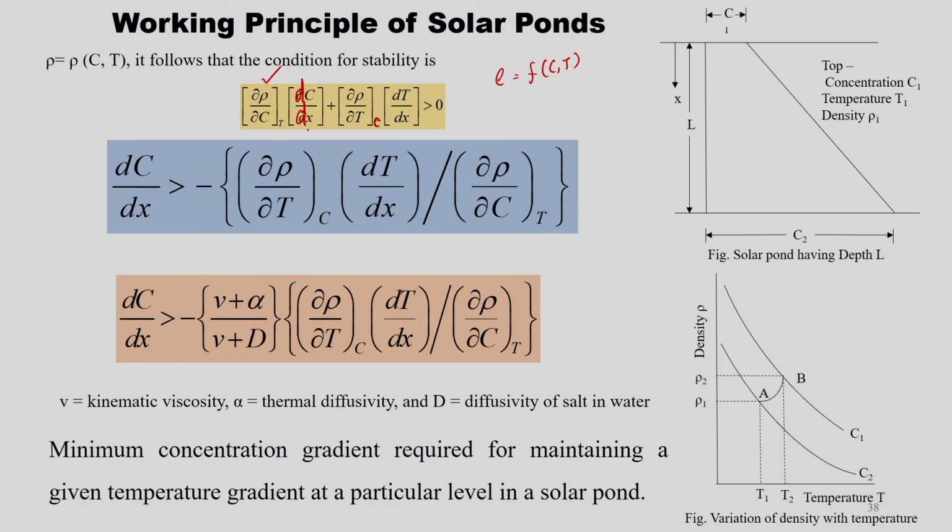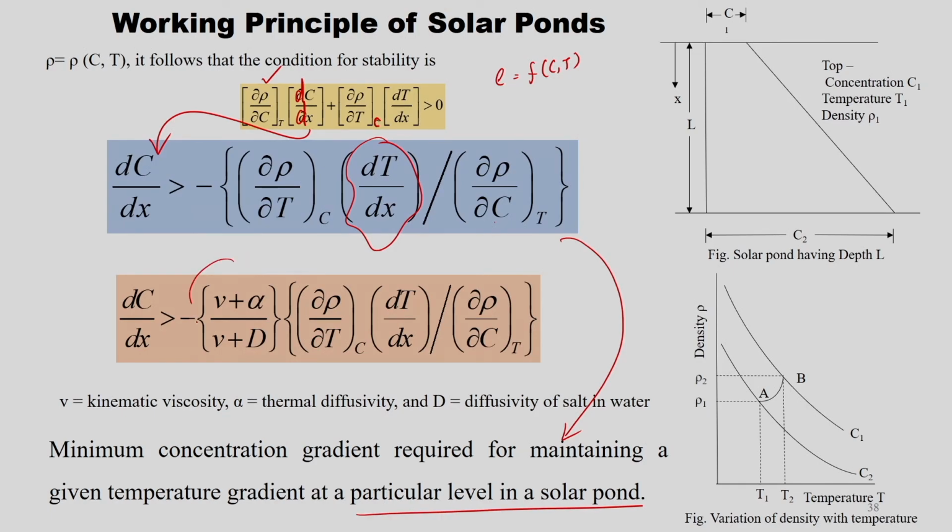So, from this if you calculate dC/dx, it is greater than minus dou rho/dou T at constant C into dT/dx upon dou rho/dou C at constant temperature. Okay. So, this is nothing but the minimum concentration gradient required for maintaining a given temperature gradient dT/dx at a particular level in a solar pond.